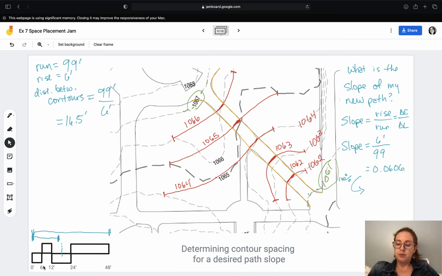So if I'm going to make that percent, that's going to move my decimal over 2 places. So that is a 6.06% slope, which I'm going to round to 6.1%. Which is great. That means it's ADA accessible. Not that that was a condition of this particular problem, but always good to think about percentages that are ADA accessible. Okay, so I'm going to move to a clean slide now.